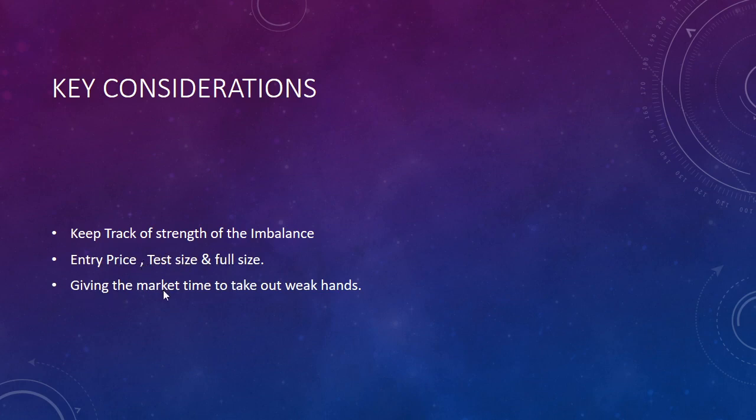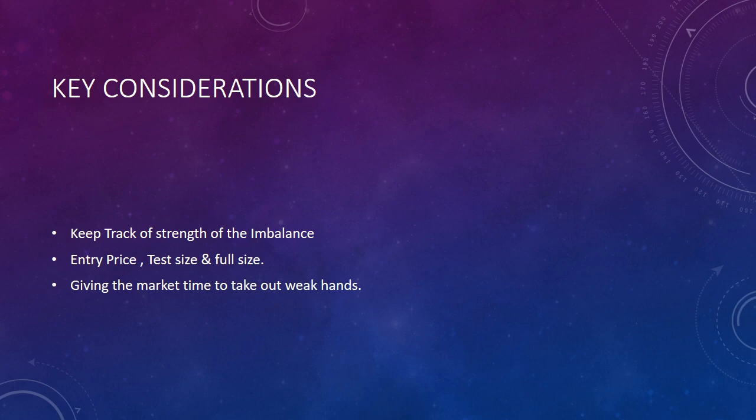The next point is giving the market time to take out weak hands. This is where the test size and full size are applied at different price points, when the market has some task to take out some weak hands. That is the consideration we have for an imbalanced day.